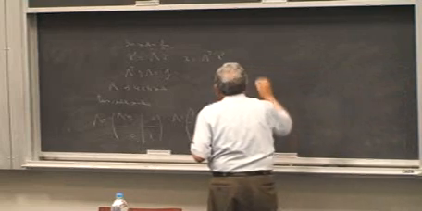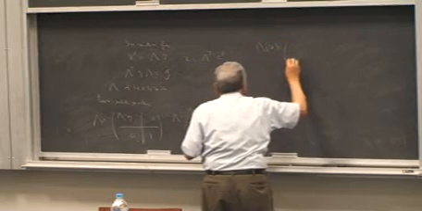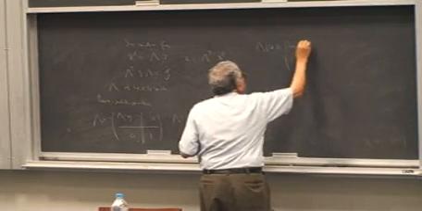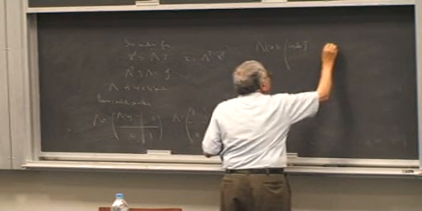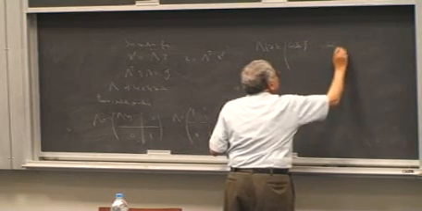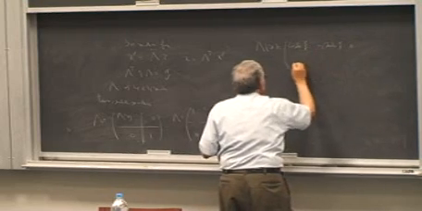This lambda V is cosine zeta, sine zeta, minus sine zeta, cosine zeta.